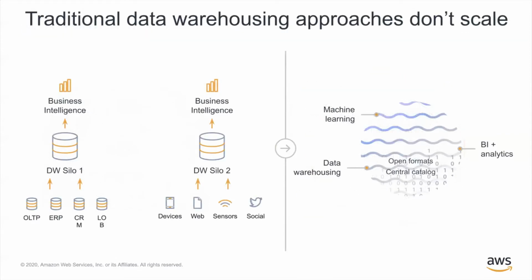But the challenge is that traditional architectures, the legacy on-prem data warehouse, can no longer keep up with the requirements of the business. For data to be a differentiator, organizations need to capture and store new non-relational data at exabyte scale.